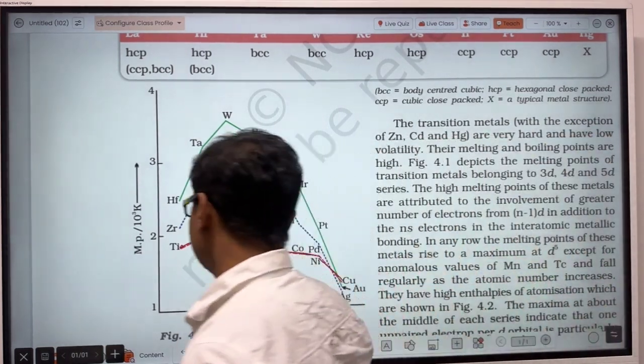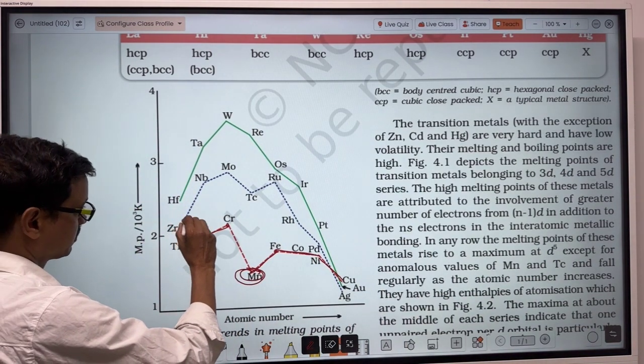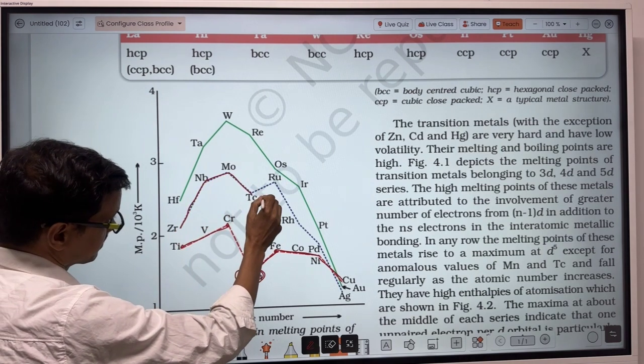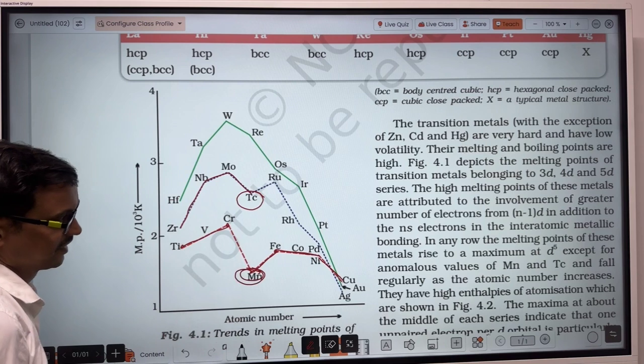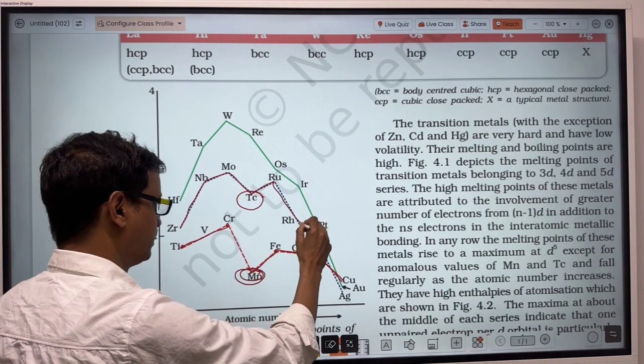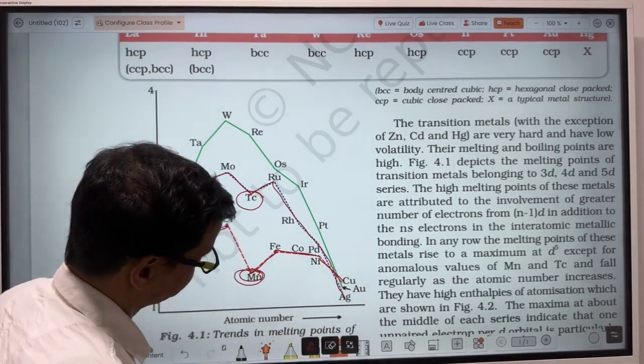Now let's see what the actual trend is. Here also the melting point is increasing, a dip comes at technetium, and then the melting point increases again and then decreases.